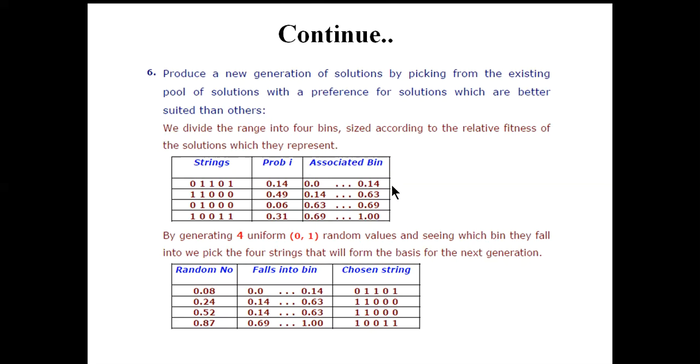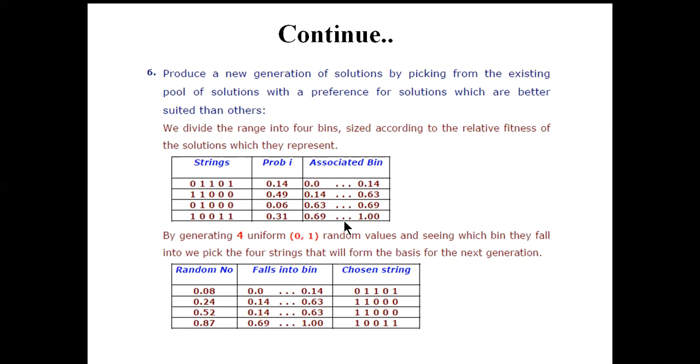So like this, four ranges have been calculated, or we divide the range into four subparts: 0 to 0.14, 0.14 to 0.63, 0.63 to 0.69, and 0.69 to 1.0. How do we calculate this range? First 0 plus 0.14, next 0.14 plus 0.49, next 0.63 plus 0.06, next 0.69 plus 0.31.